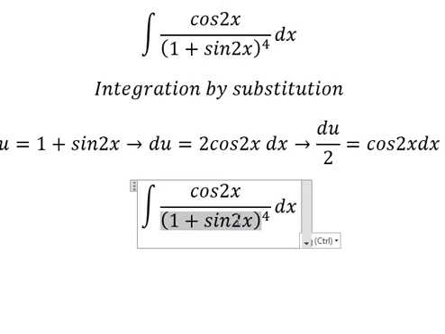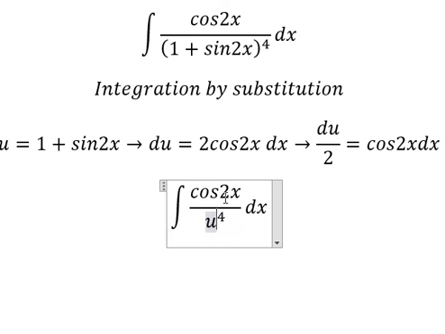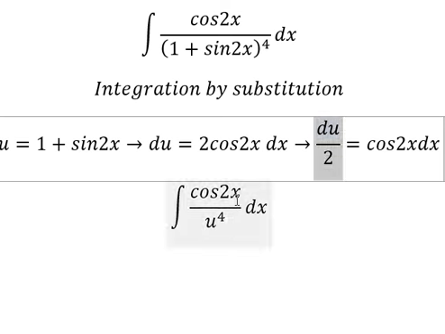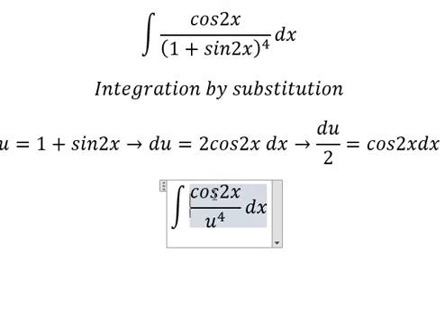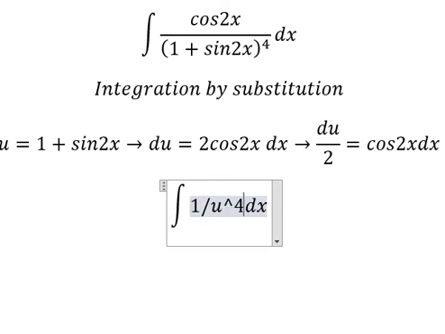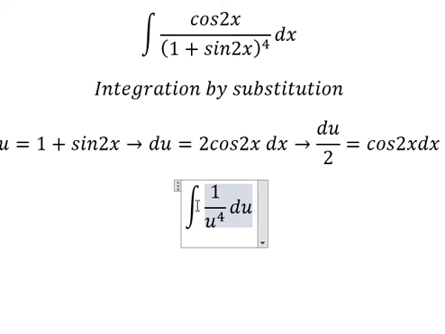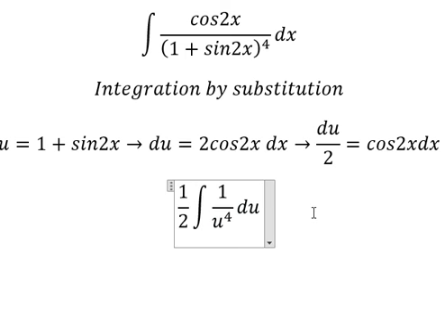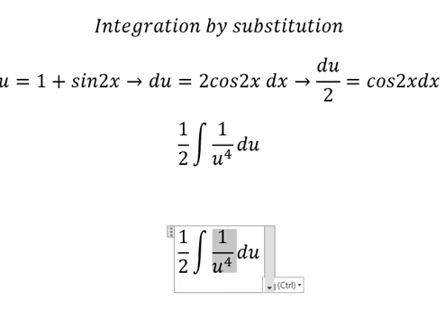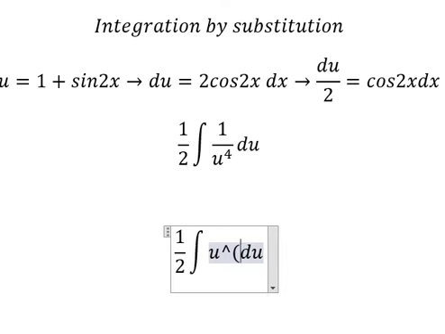So this one we change by u. Cosine 2x dx we change by this one. So this one we change by u to the power of negative number 4.